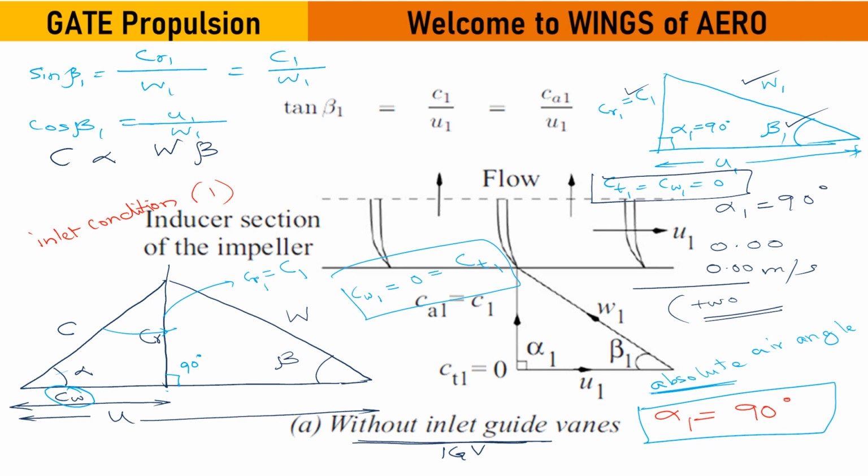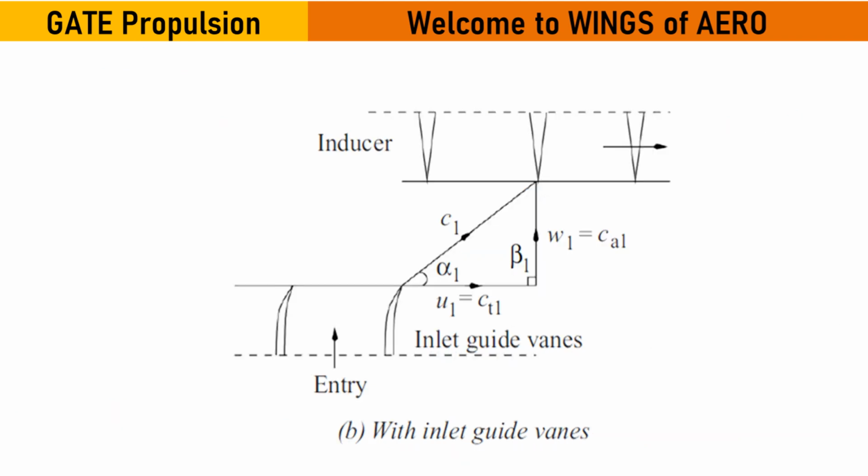Now we will move to the with inlet guide vane configuration, just the reverse case. Here the beta 1 is going to be 90 degree. Let me clarify one thing. Inlet guide vane means this IGV is in the inlet condition, or upstream condition.